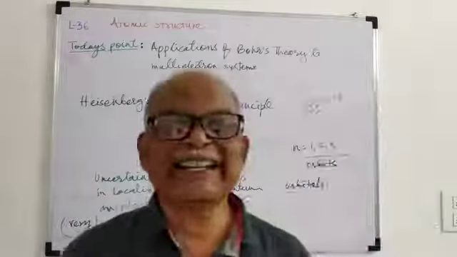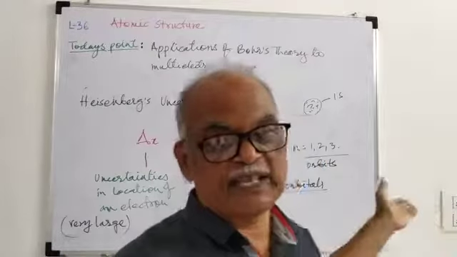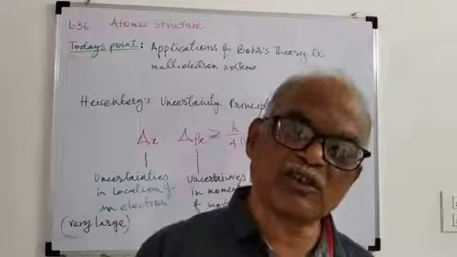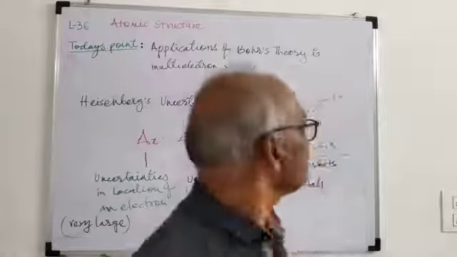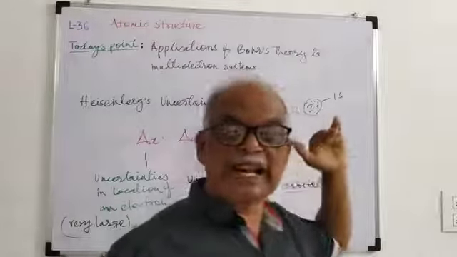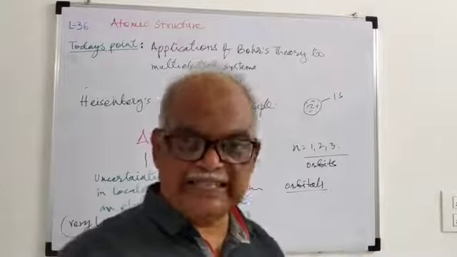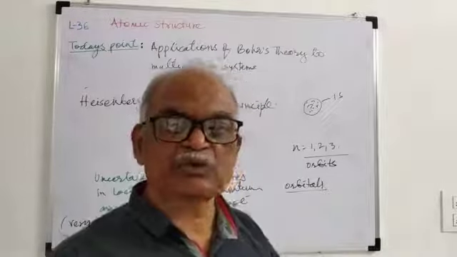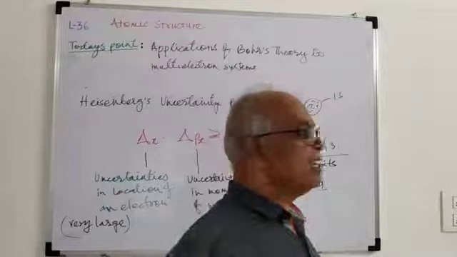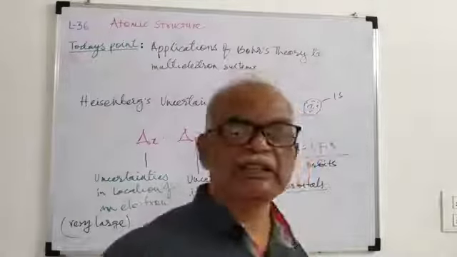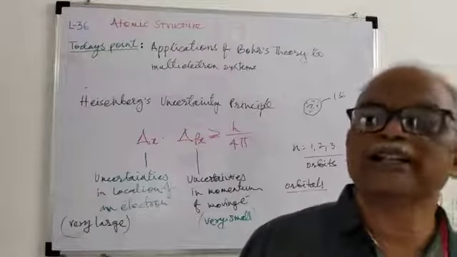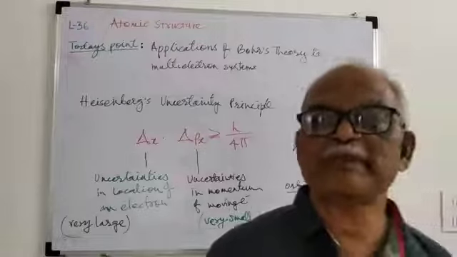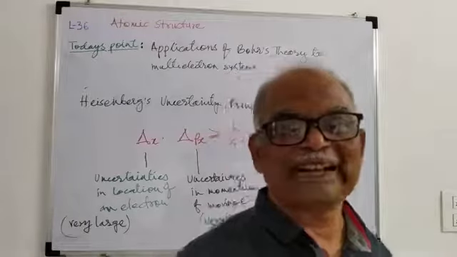In the case of 1s, orbit and orbital are the same, but we consider it as an orbital. When we consider the orbital, it is very convenient to determine the position as well as the momentum of the electron.